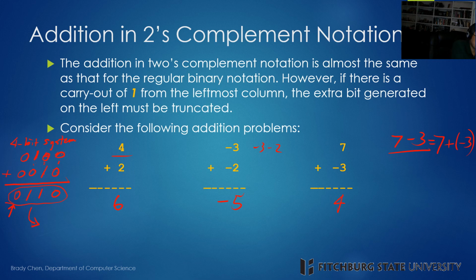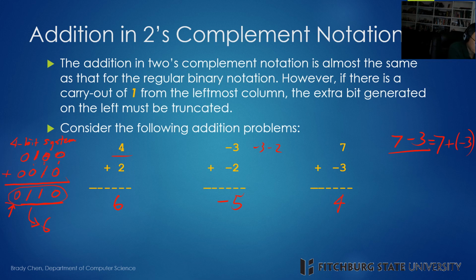So even though it's a 2's complement representation, because it's a positive number, it's the same as the binary representation. The decimal value for this binary representation, 0110, is 6. So it's pretty simple.